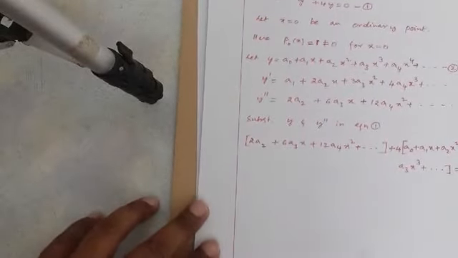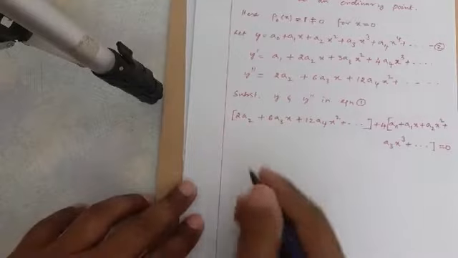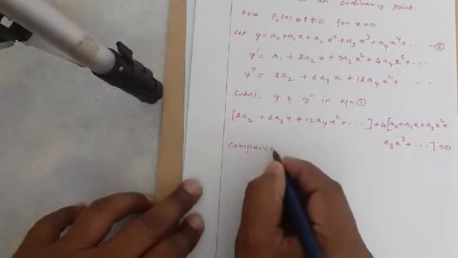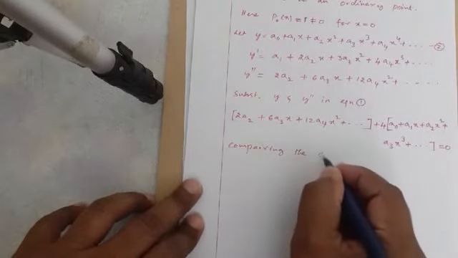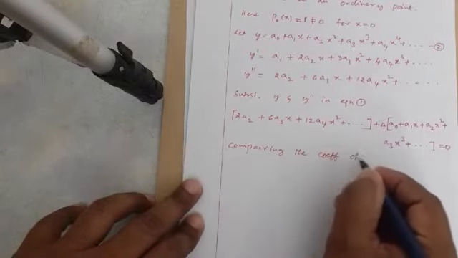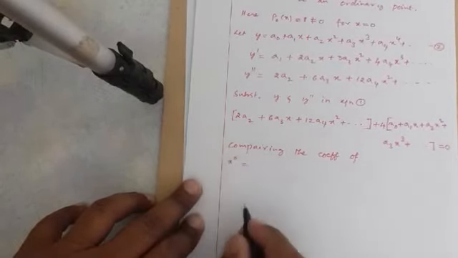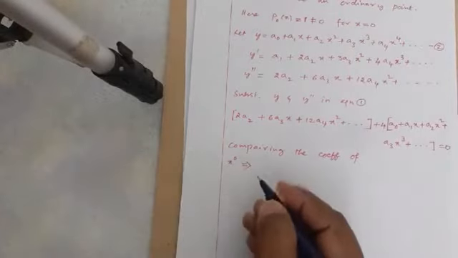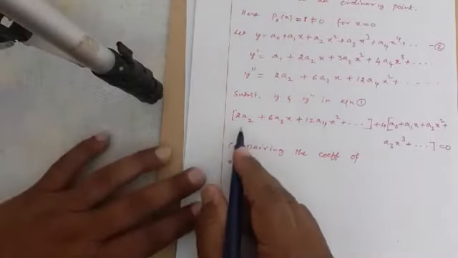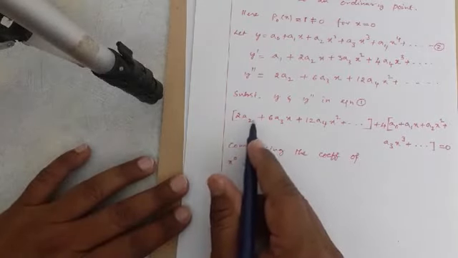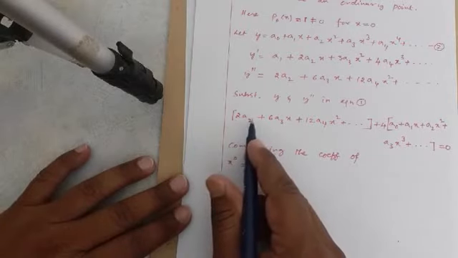Then after substituting this, we compare the coefficients. First I compare the coefficient of x⁰. Here we have 2a2, we don't have x here, so we consider it as x⁰, which is 1.